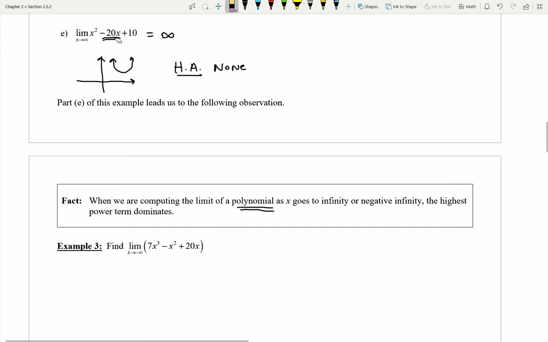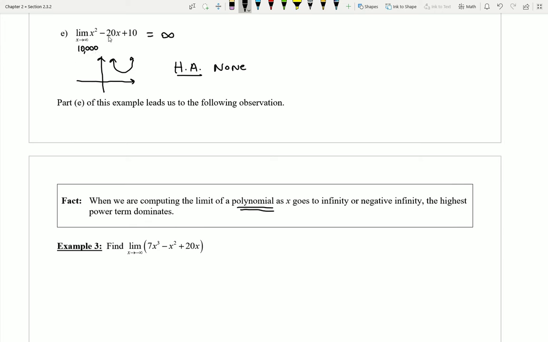But notice that immediately as x begins to get really large, the fact that I'm squaring a value becomes so much more influential or impactful to determining the size of the overall results of this function. Notice if I plug in 100, 100 times 100, well, that's going to be something, right? 100 times 100 is going to have 4 zeros after it, so that's going to be 10,000.